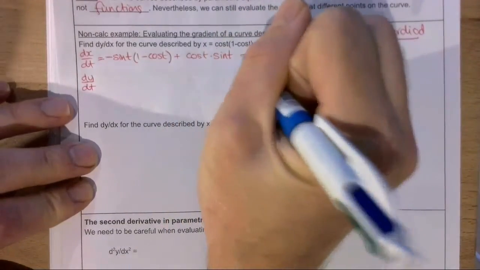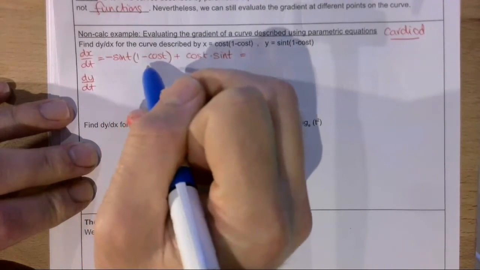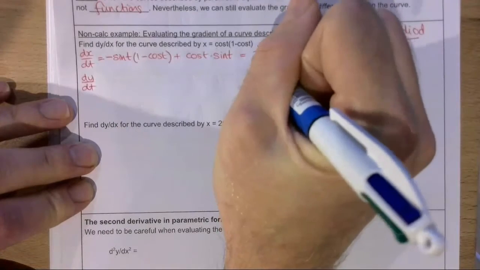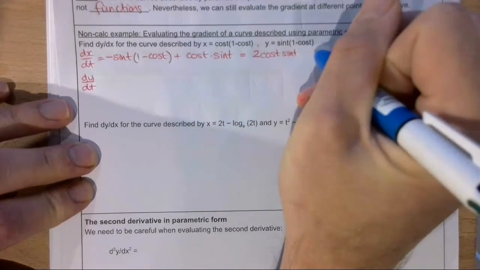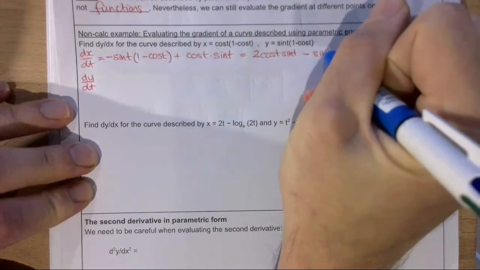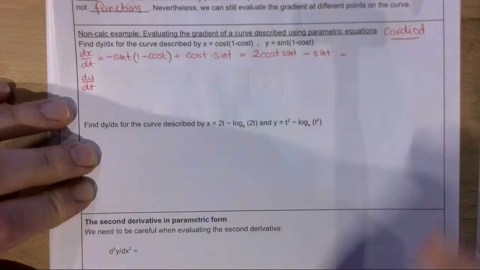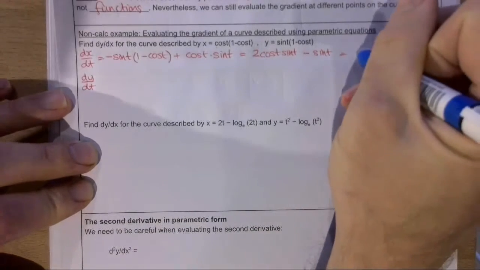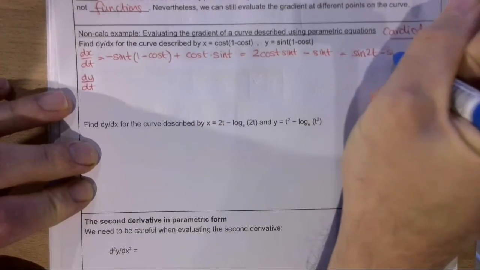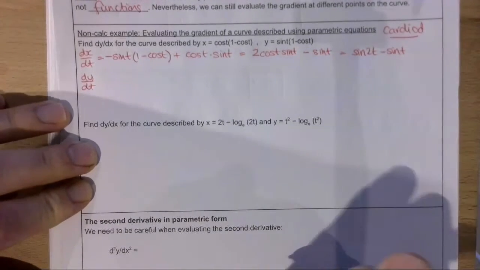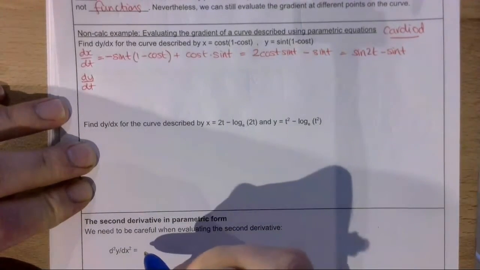So in other words, as I simplify this, I've got 2 cos t sine t minus sine t, and we could leave it like that, but 2 cos t sine t, I can't resist here. I'm going to use the fact that I know that is the equation for sine 2t. So sine 2t minus sine t. And that's a nice neat form for dx by dt.